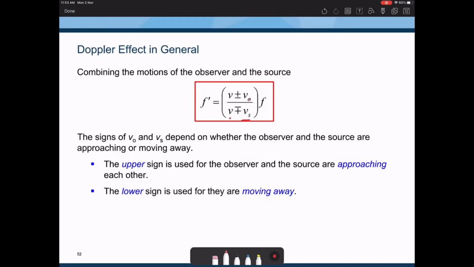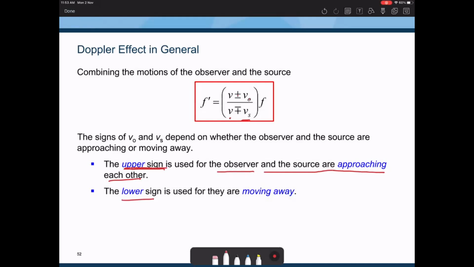When we use the plus or minus sign, it depends on whether the source is approaching the receiver or whether the receiver is approaching the source. The upper signs in the equation, that means the plus sign at the top or the minus sign at the bottom, would be for the observer and the source approaching each other.